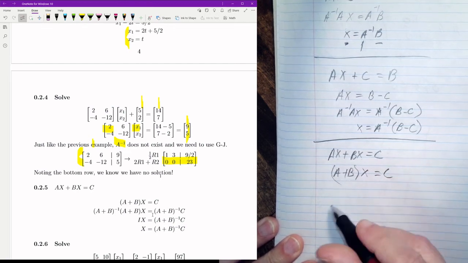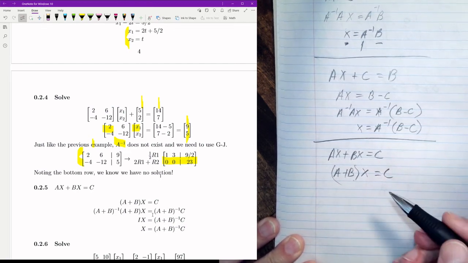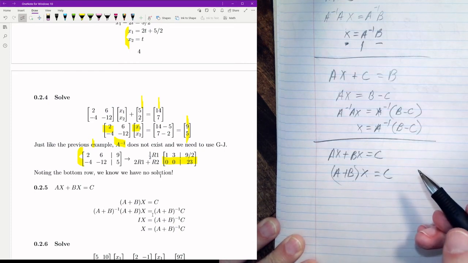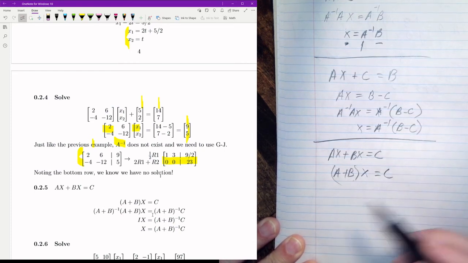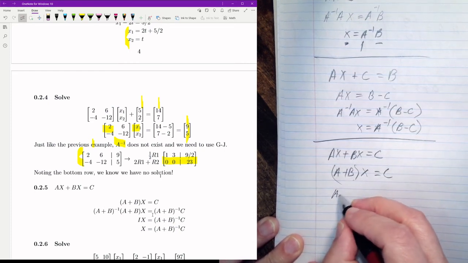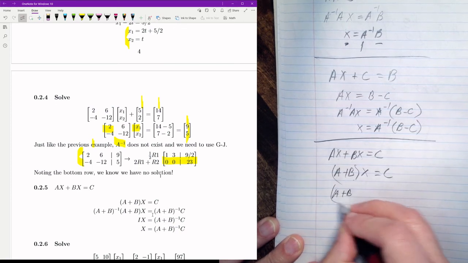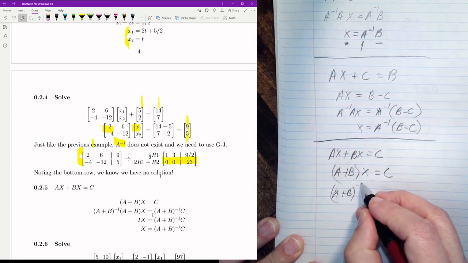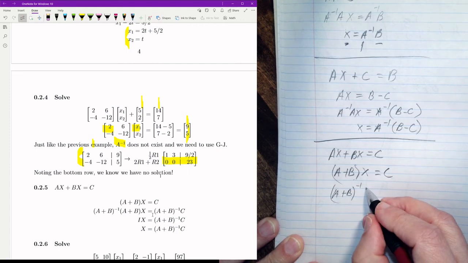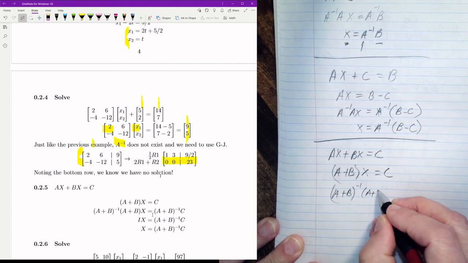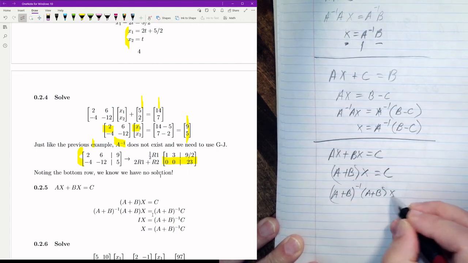Now when we add A and B together, we end up with another matrix, presuming they're the same size. So this matrix has an inverse, and we call that inverse A plus B inverse. And we're going to left multiply that, and we're going to do that to both sides.